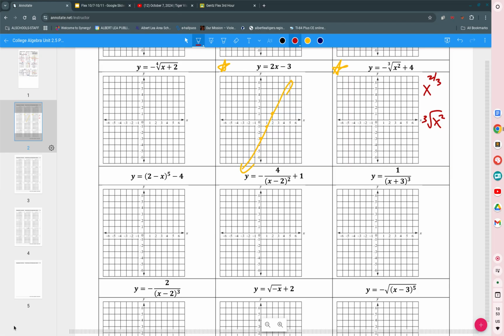Okay, let's think about the domain. If I plug in, say, -4 into this, can I square -4? Yeah. Can you square +3? Yep. Can you square 0? Yep. So the domain of this is all real numbers, so it's going to be on both sides.